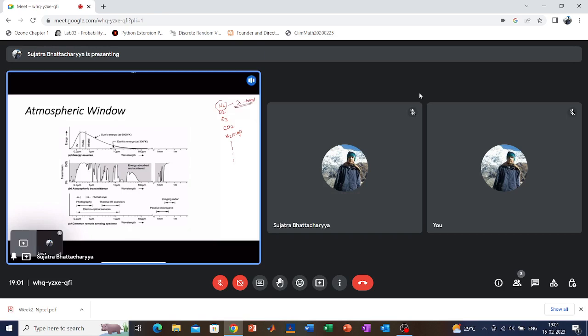So ozone absorbs UV radiation, oxygen absorbs some short wave radiation, and CO2 and water vapor absorb infrared radiation, right? So all gases generally absorb, but there are certain wavelength bands. Atmospheric window represents those wavelength bands in which no atmospheric gases have any influence.